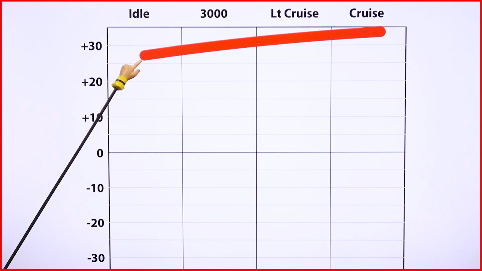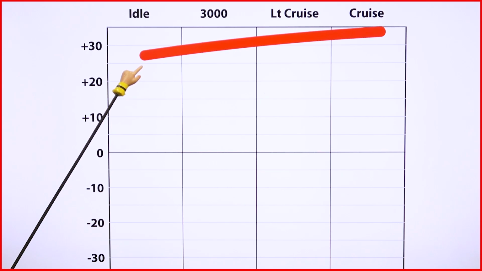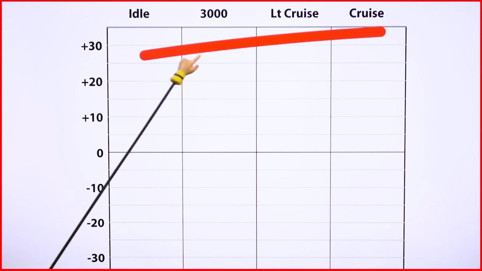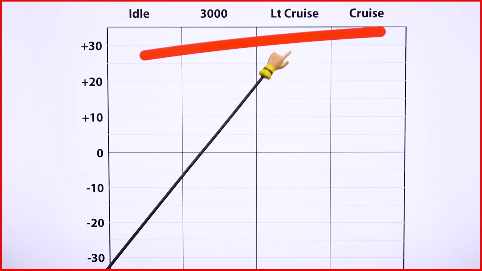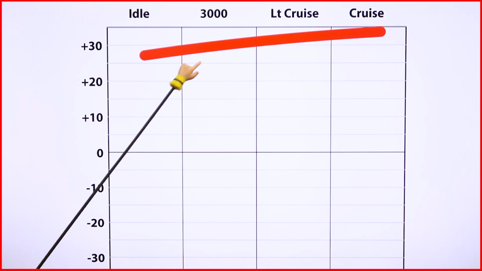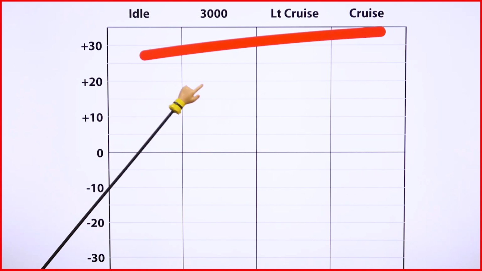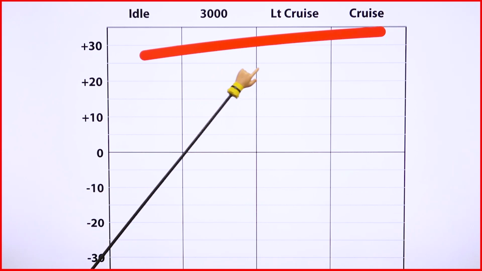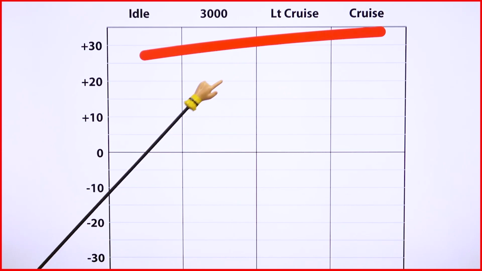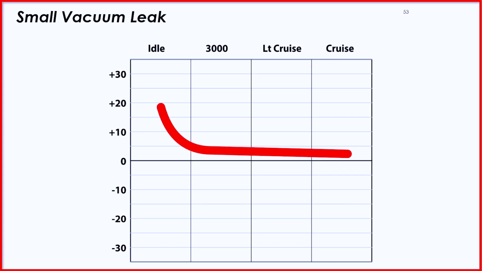And so at idle, it's going to see a correction. It's going to be trying to add fuel. But as we increase the load on that vehicle and make it work harder and harder, we're going to see the fuel trims, both short-term and long-term, go up, increase as that engine is starving for fuel, trying to compensate and add more fuel to it.